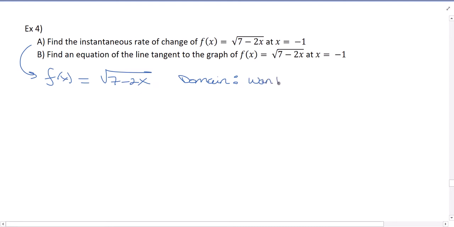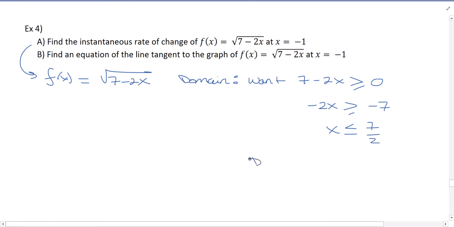So I want 7 minus 2x to be greater than or equal to 0, since the square root of 0 is 0. And then solve for x. So subtract 7 from both sides, divide by -2. Since I'm dividing by a negative, I had to change the direction of the sign. So this will be 7/2.